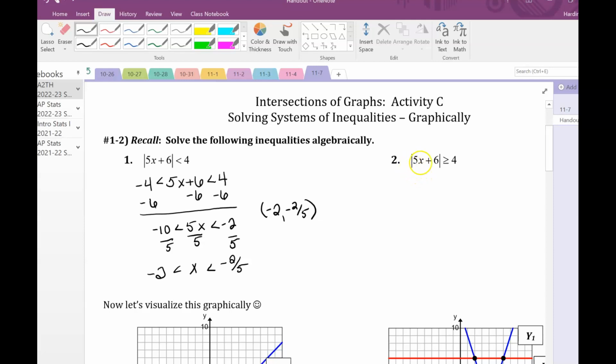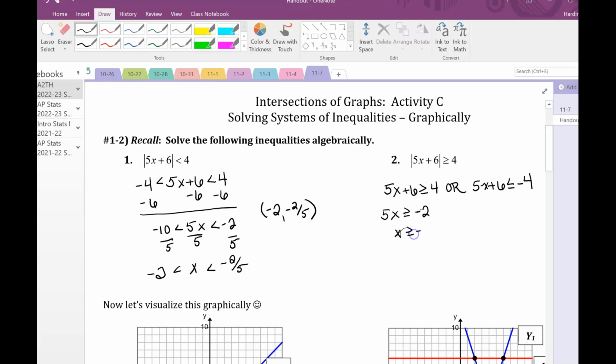If it said absolute value of 5x plus 6 is greater than or equal to 4, the way that you would have solved this would be to say 5x plus 6 is greater than or equal to 4, or 5x plus 6 is less than or equal to negative 4. Remember, you can't write that all as one statement. Something can't be greater than 4 and less than negative 4. And so when you go through to solve this, you're going to get the same two numbers.